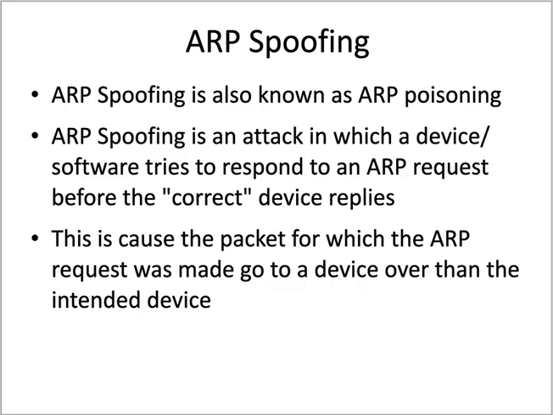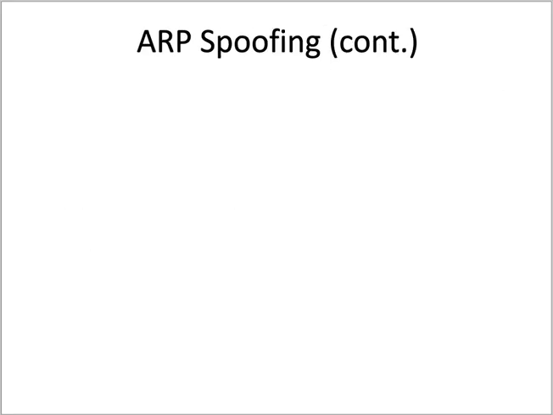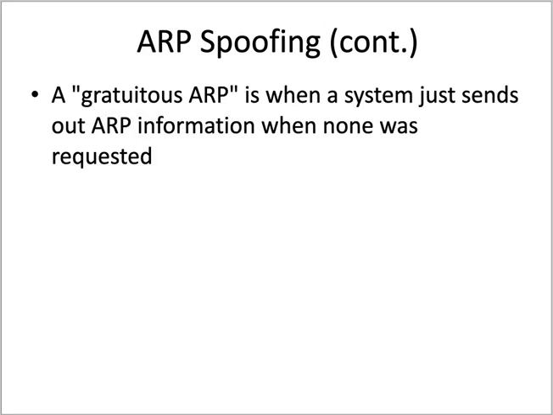So you can try to redirect, capture, or view traffic that is not destined for the machine that is doing the ARP poisoning. Now, we have something called a gratuitous ARP, which is just when a system says, hey, if anybody cares, here's my MAC address, trying to get it cached so if somebody wants to communicate with it, the process is a little quicker.